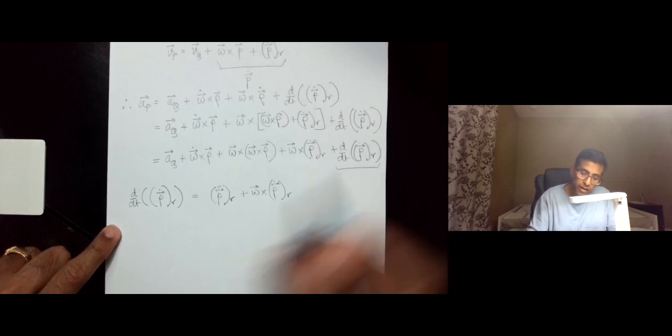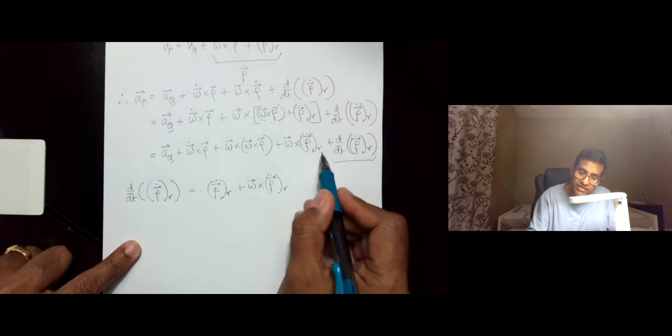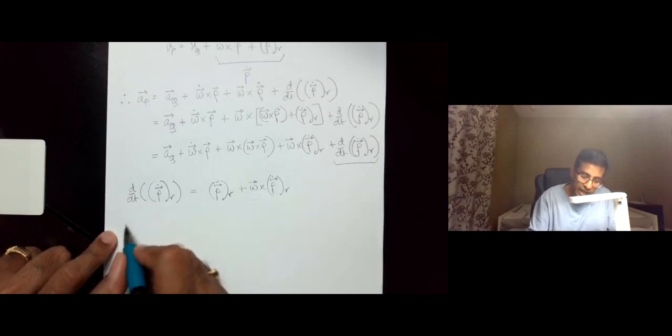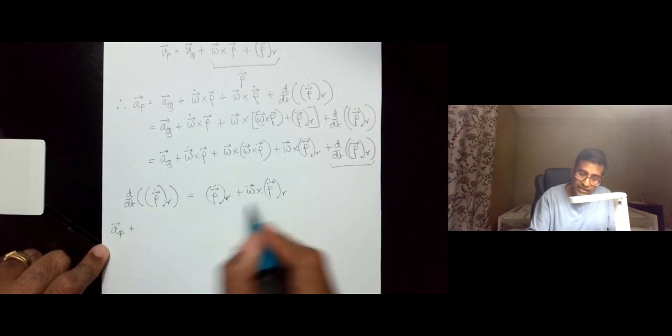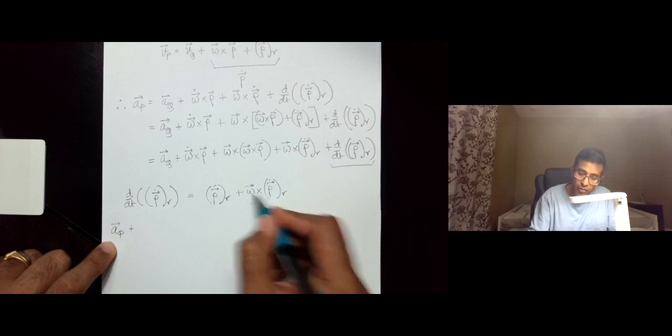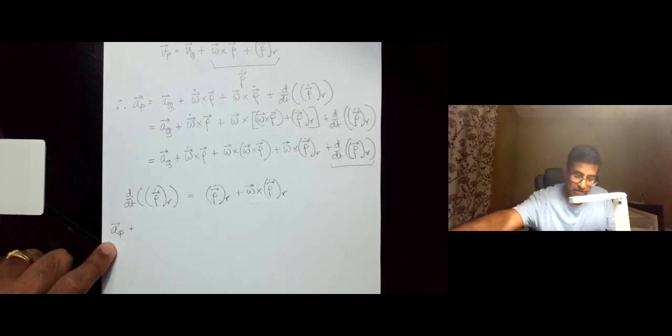So this now gets plugged in, and note that this term is same as this term, and so when we add things up, we need to make sure that we have taken care of the fact that there is a second omega cross rho dot r that is now added.